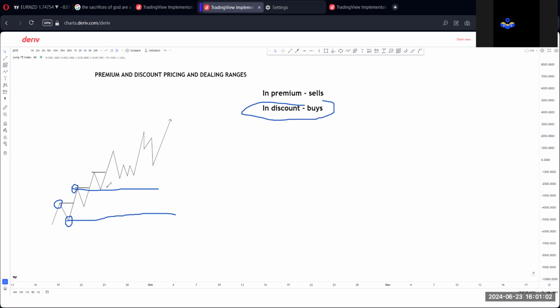That is where we buy. So anything above the discount pricing, we are not interested. Price may present us a buy opportunity around the premium zone or above the discount zone. We will not be interested in that. We will only be interested in the discount for our buys. All right. So we're going to demonstrate it and you'll see how effective it is. Now, the tool we use is the Gun Boss, which you can find here.